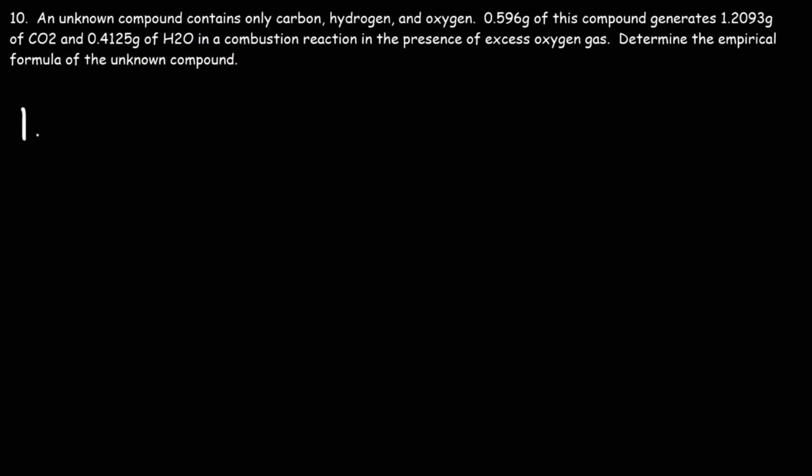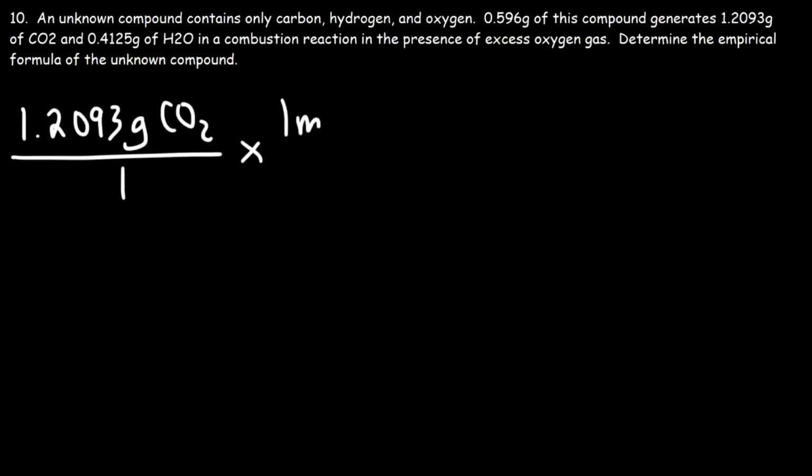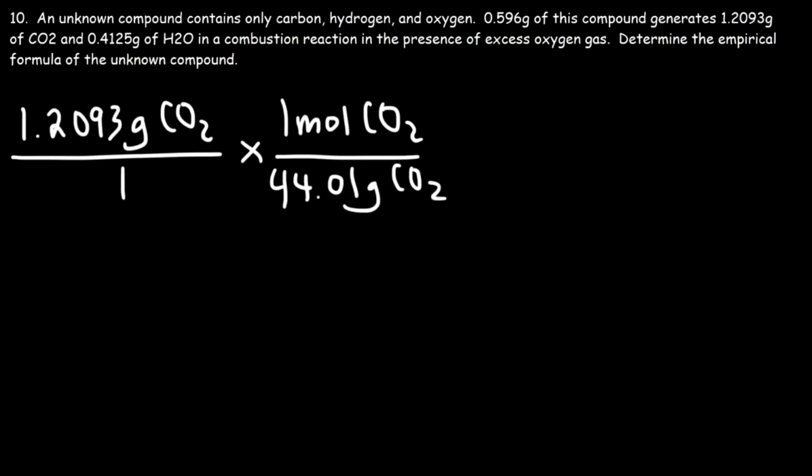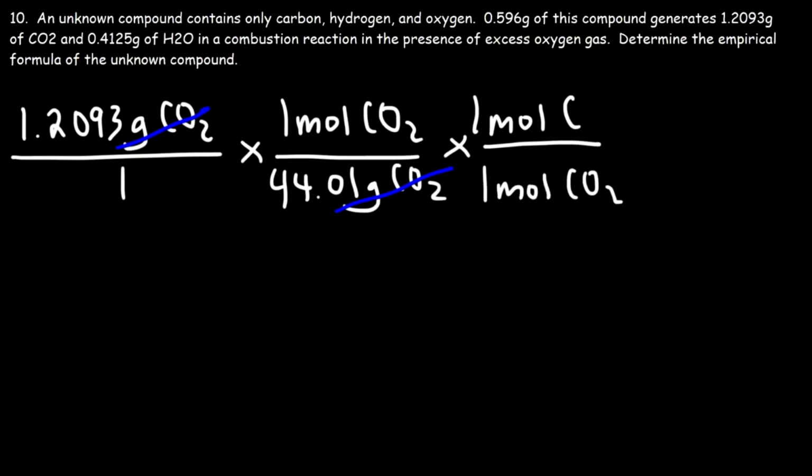Let's start with the grams of carbon dioxide. And let's begin by converting it to moles. So we know that the molar mass of CO2 is 44.01 grams. We've seen it before in this video. So using the periodic table, you can get that answer. Now, there's only one carbon atom for every molecule of CO2. So we could say that there's 1 mole of carbon per 1 mole of CO2. It's in a 1-to-1 ratio.